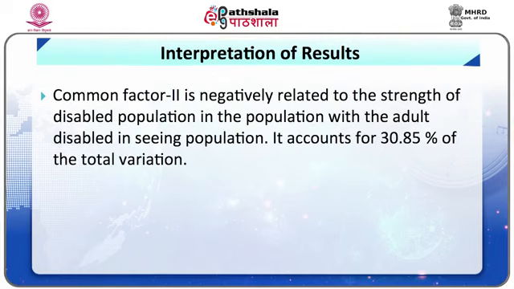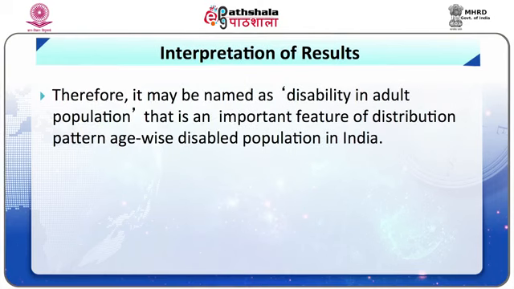The common factor 2 is negatively related to the strengths of the disabled population, with the adults disabled in seeing. It accounts for 30.85% of the total variation. Therefore, it may be named disability in adult population.